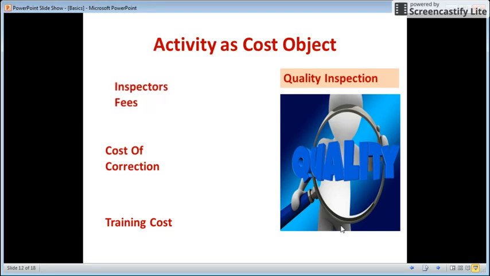Here, the inspector's fees, the cost of correcting the finished goods, that is, cost incurred after the quality inspection is made and changes are suggested, and the training cost of employees about the quality which the company is trying to meet will be grouped under one basket, which will be called the activity. Here, quality inspection activity is a cost object.